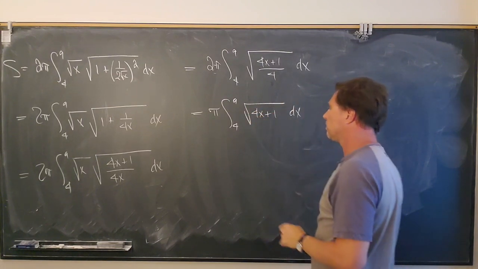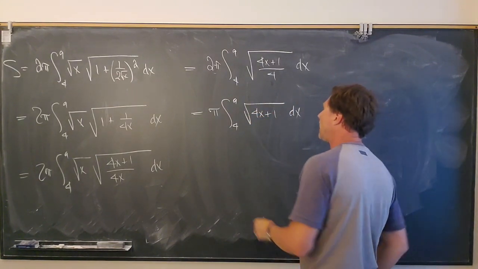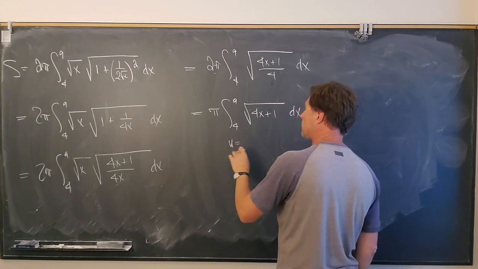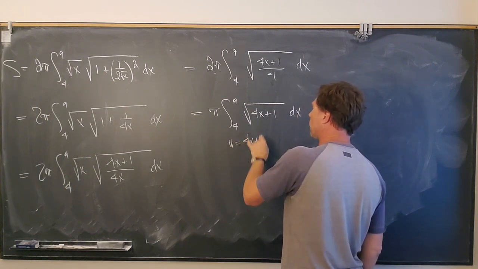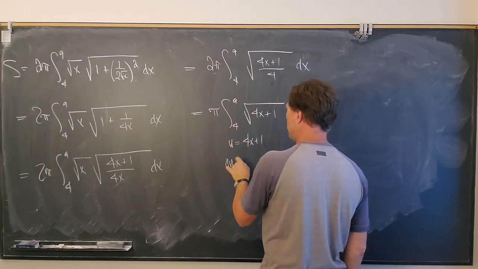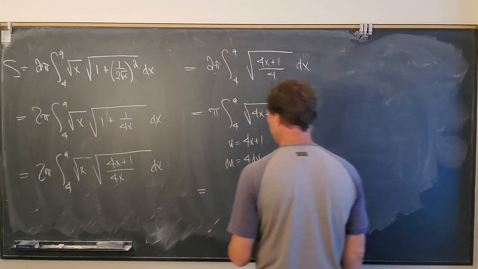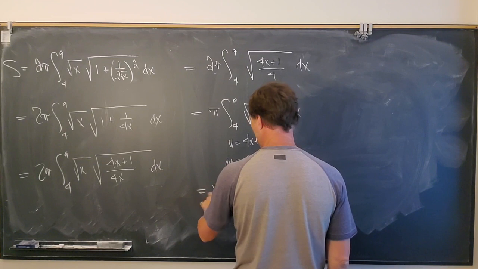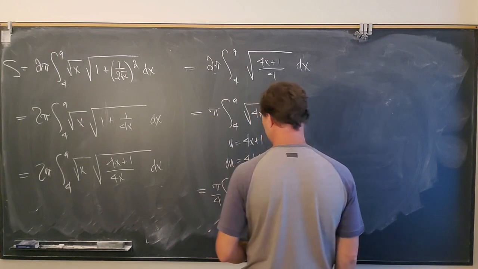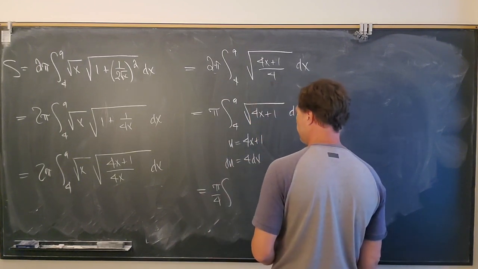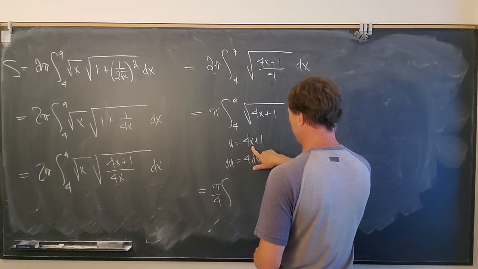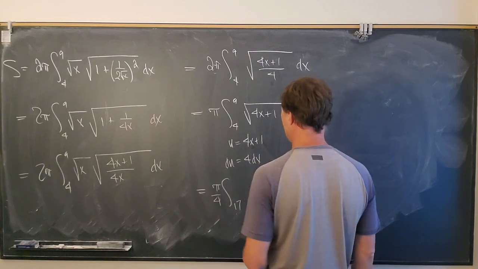And now this is an easy integral we can just do substitution. U equals 4x plus 1. Du equals 4 dx. And so we'll get a pi over 4 integral. Let's see, when I put a 4 in here, I get a 17.